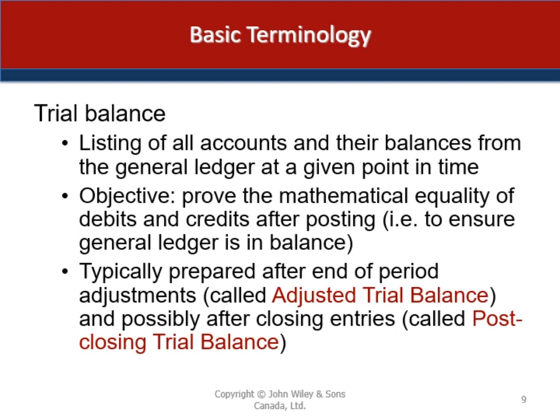And then we commonly do a post-closing trial balance after posting the closing entries, so we can make sure that none of the temporary accounts still have balances and that everything has been closed properly to retained earnings. So those are a couple of steps that we commonly take in completing our work.